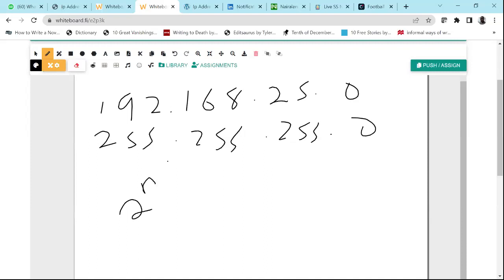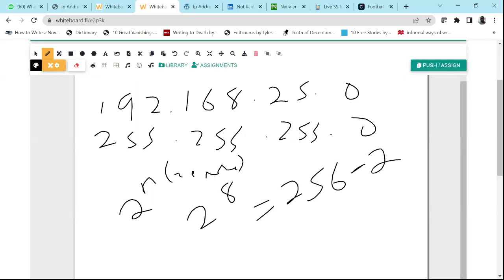Remember, for hosts, n is the zeros. So how many zeros do we have in this subnet? We have 8 zeros. That is 2 raised to power 8, which is 256. But I have to subtract those 2. So in this network, we can only have 254 hosts.